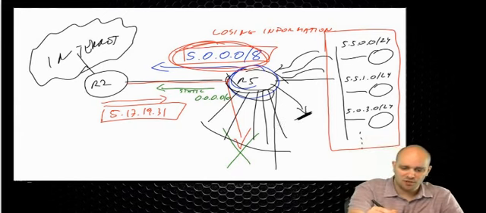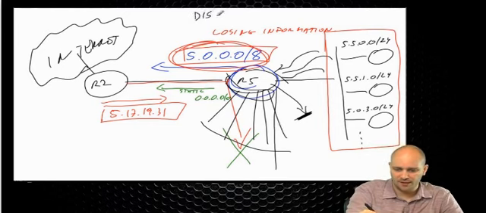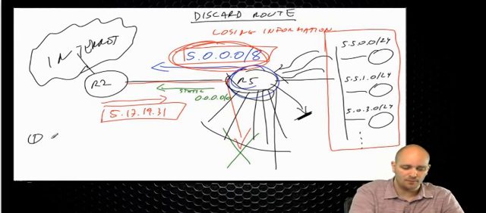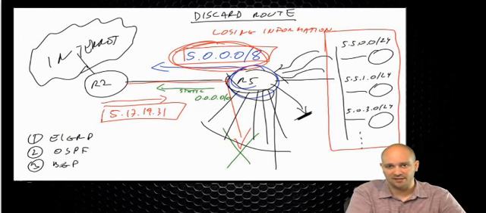Now, this functionality here, so I'm just going to write it, is called discard route. Now, discard route is automatically created by EIGRP whenever you create a summary. It's automatically created by OSPF when you create the summary, and is automatically created by BGP when you create the aggregate address.